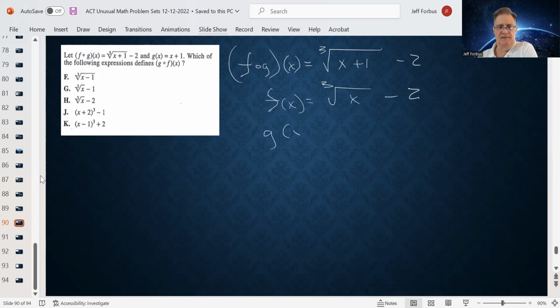G of x is actually x plus 1, because the x plus 1 has been substituted into x with the cube root. Now, what we want to make is g composed of f.